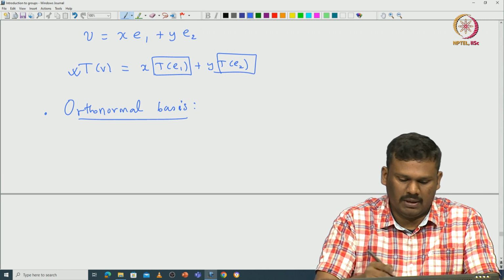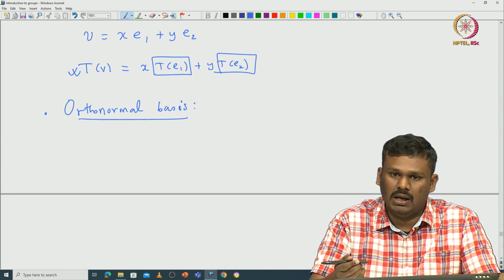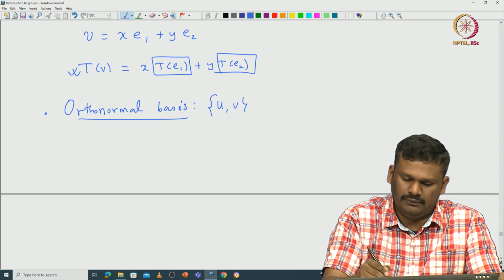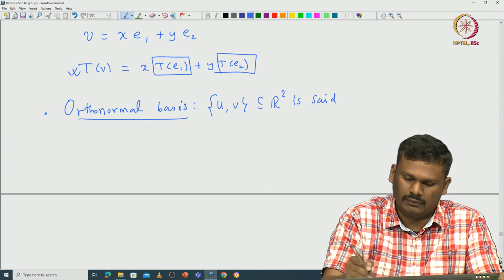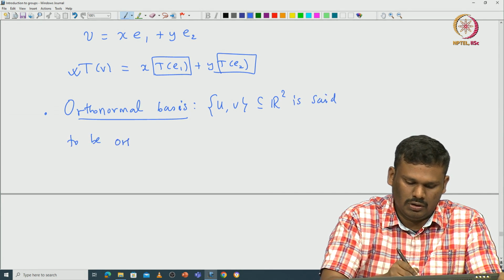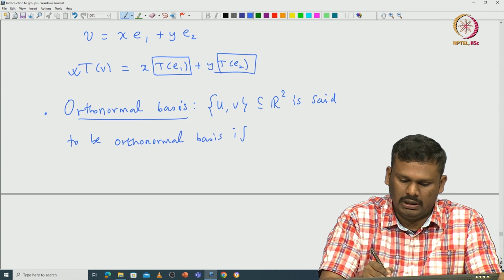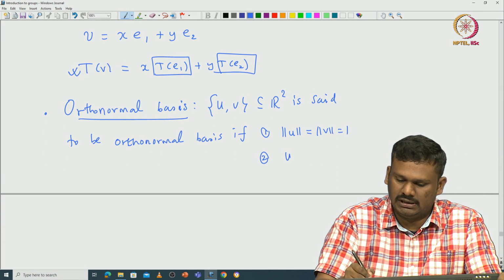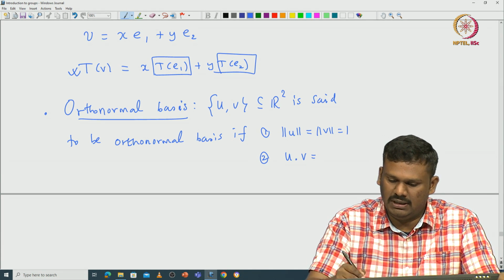Two vectors u, v of R2 form an orthonormal basis if they are a basis of R2 and satisfy the following conditions: both of them are unit vectors, that is, the norm of u and the norm of v are both 1, and the second condition is that the inner product between u and v should be 0.